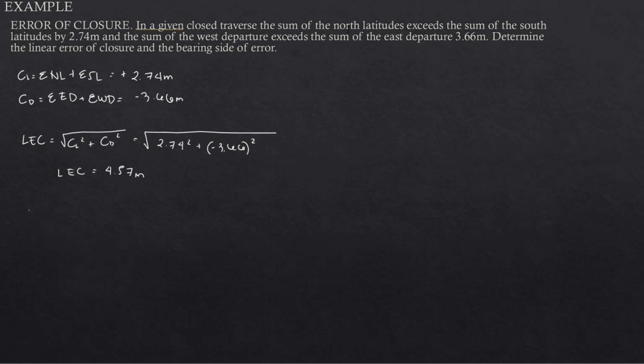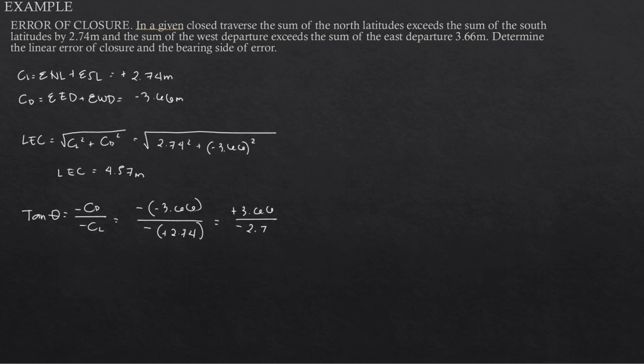So, meron tayong given formula na tangent theta is equal to negative CD over negative CL. CD natin is negative 3.66 over positive 2.74 meters is equal to, so meron tayong positive 3.66 over negative 2.74.